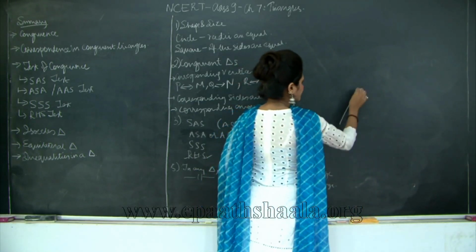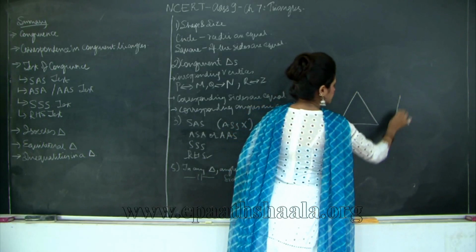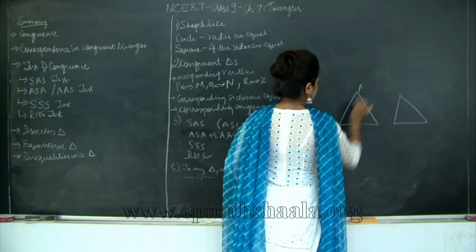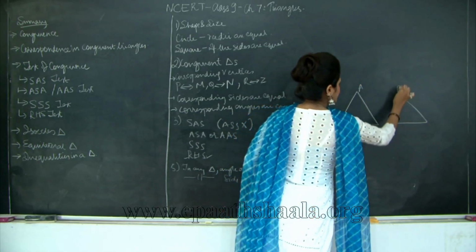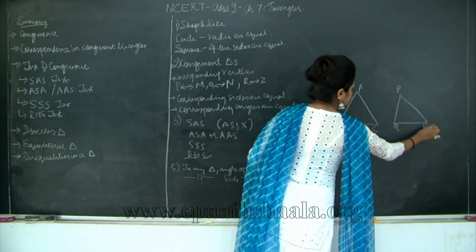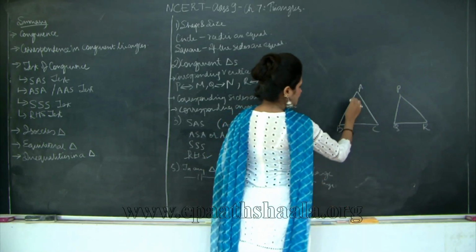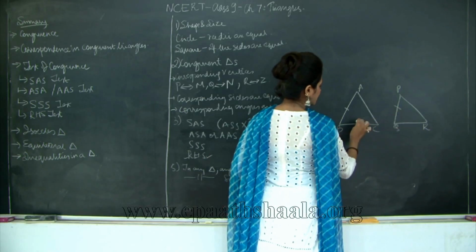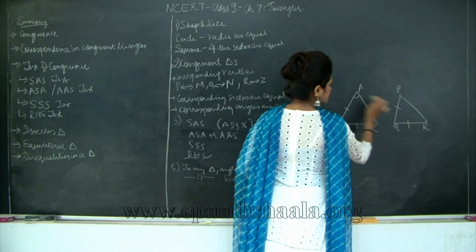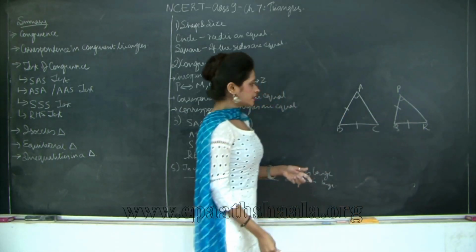So let's say I have my triangles ABC and PQR, correct? If I say this side is equal to this side, and this angle is equal to this angle, correct?